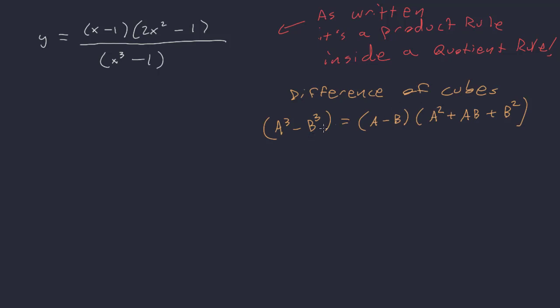Okay, so difference of cubes works like this. If you have a cubed minus b cubed, it comes out to be a minus b all times a squared plus ab plus b squared. And the reason this works is if you distribute the a across, you'll get a cubed, plus a squared b plus ab squared. Then when you distribute the minus b across, you'll get minus a squared b, and these two cancel.